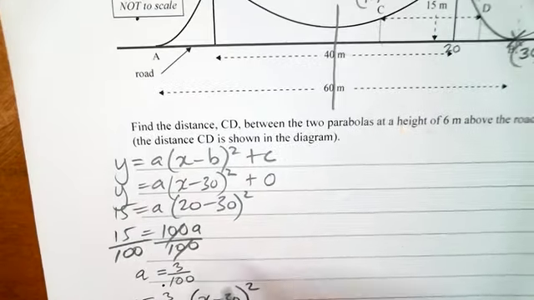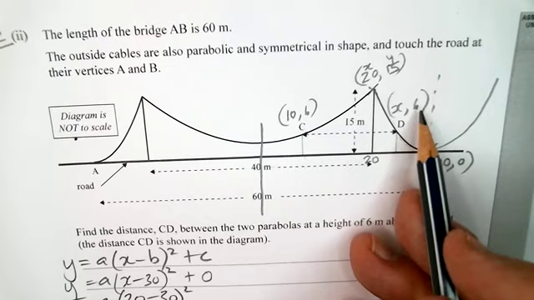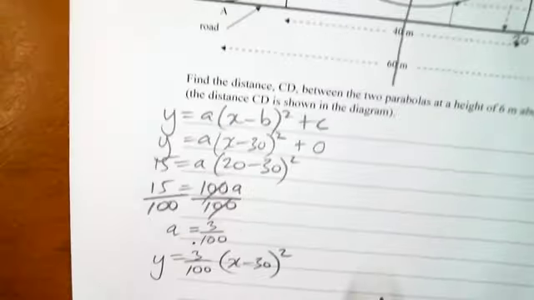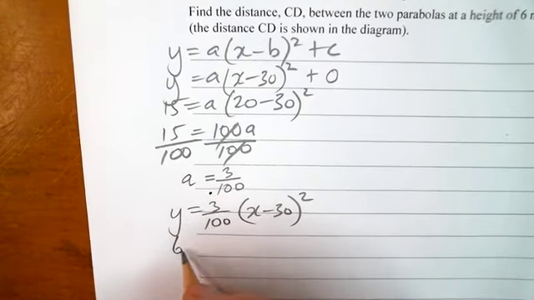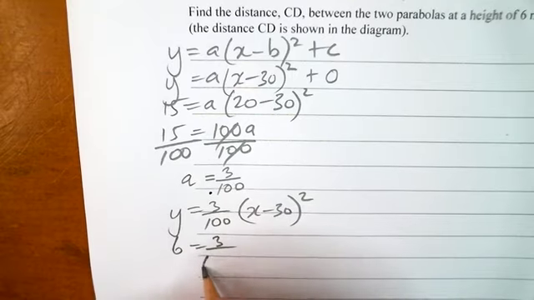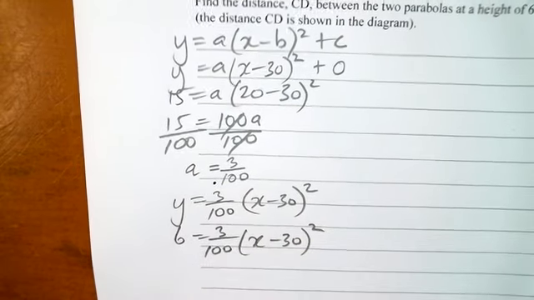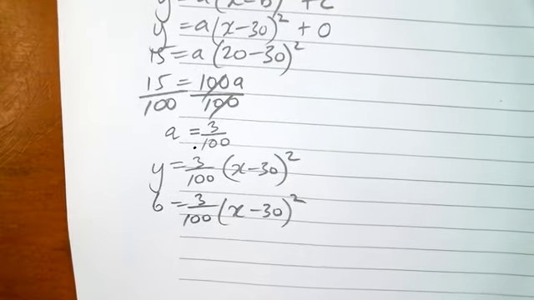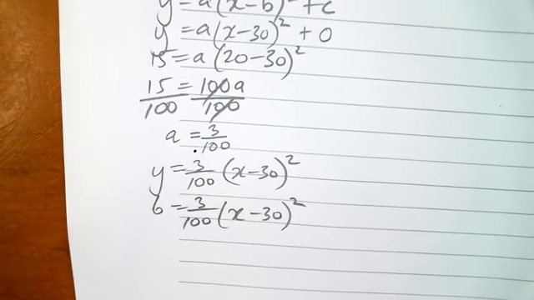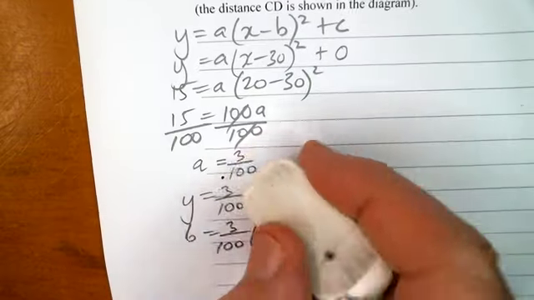So now I can say, well, we know the height's 6. We've just got to solve for x. So I'm going to restate this as 6 is equal to 3 on 100, x minus 30 all squared. Let's have a look. Oh, sorry, that's not 3 on 100, it's 3 on 20.